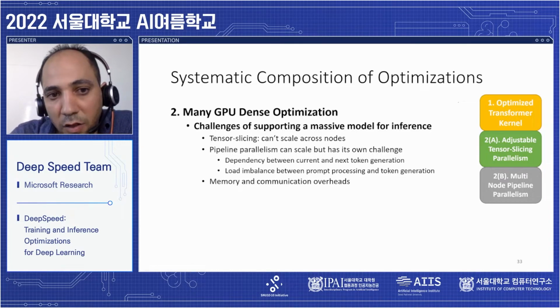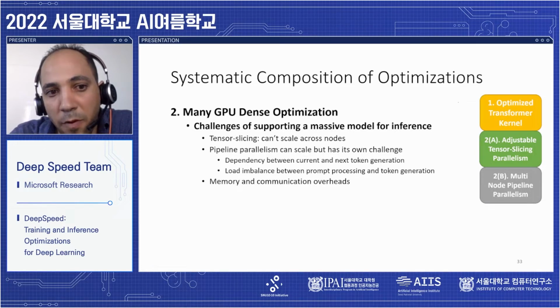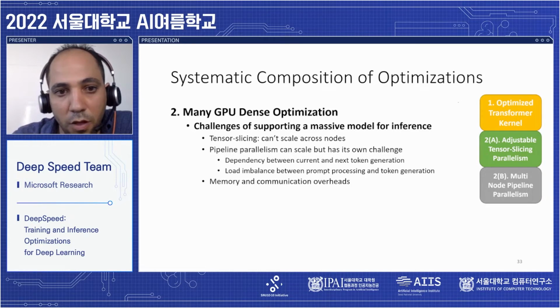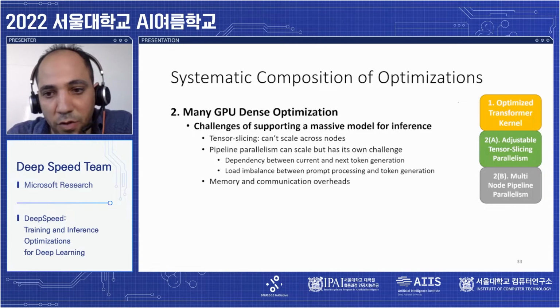As these transformer models get larger, we need to scale across the nodes, but tensor slicing is not the best solution, because we will have very large communication overhead if we use tensor slicing between nodes. So pipeline parallelism can help us here, but it's normally implemented for training, and this is not as efficient for the inference.